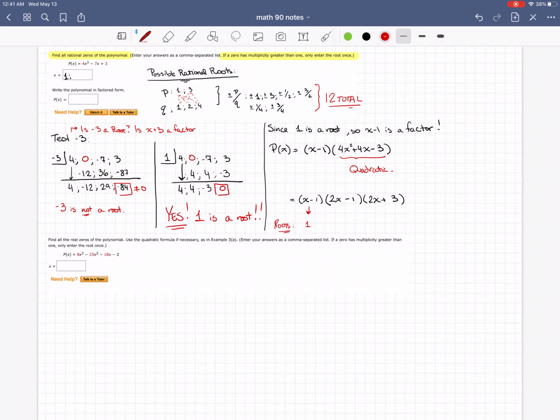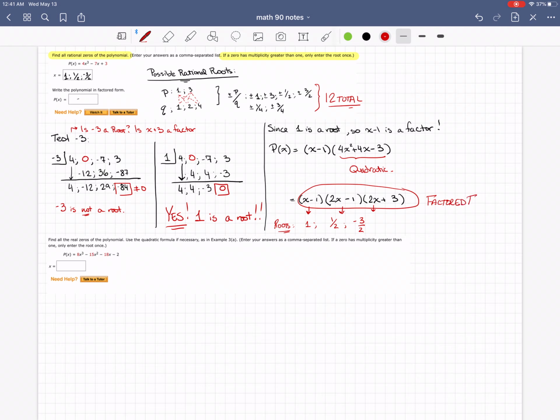So 1 is the root of this piece. 1/2 is the root that comes from that piece. And negative 3/2 is the root that comes from that piece. So we can fill that in here: 1/2 and negative 3/2. And then in factored form, I'm not going to write it in here because I don't have the room, but this is the factored form.